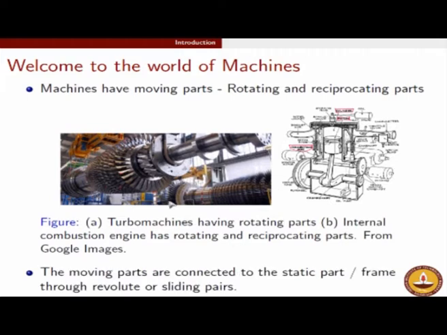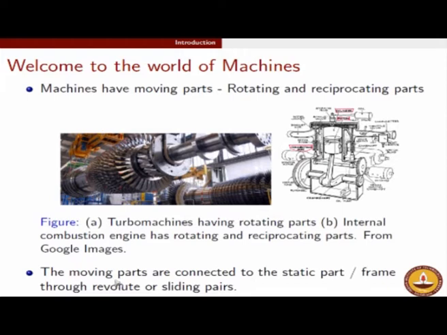The point is, these moving parts, whether you look at these turbo machinery blades or whether you look at the crank, piston and connecting rod, all of them need to be connected to the static part of that machine, and in kinematics or in mechanics we refer to the static part as the frame, right. So when you do a kinematic diagram, you always intend to show the frame as, let us say, link number 1, and the motion of all moving parts is with reference to this frame.